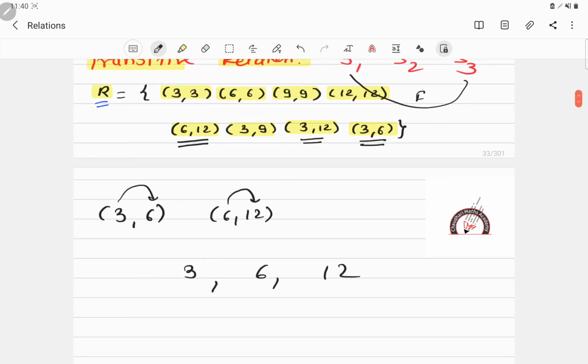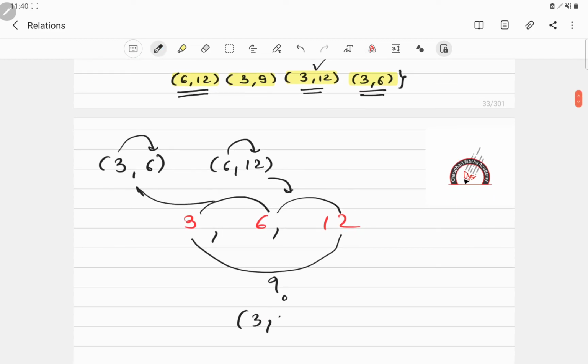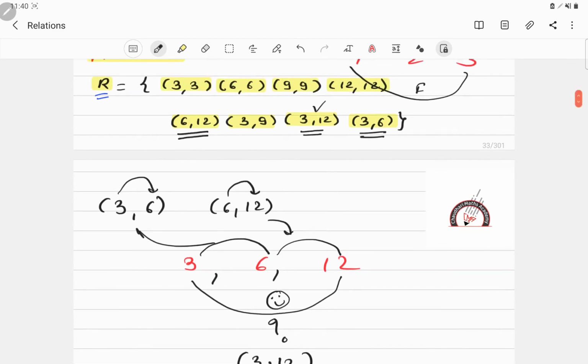So first pair says 3 is a friend of 6. Then 6 is also a friend of 12. Then you ask yourself whether 3 is a friend of 12 or not. And definitely 3 is a friend of 12 because this is also a part of the same relation. So please observe 3 is a friend of 12 and it is given here in this relation.